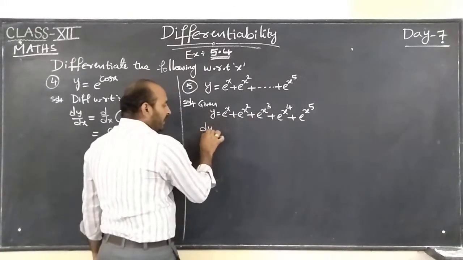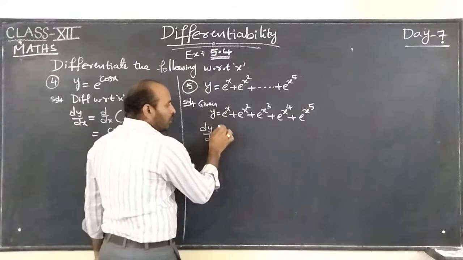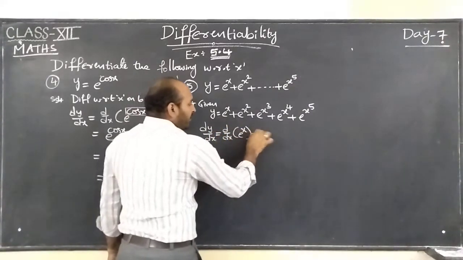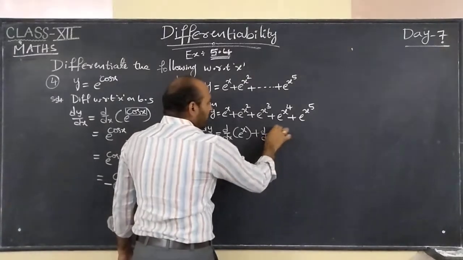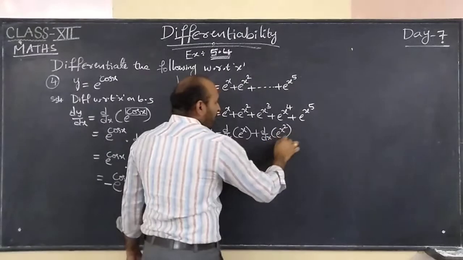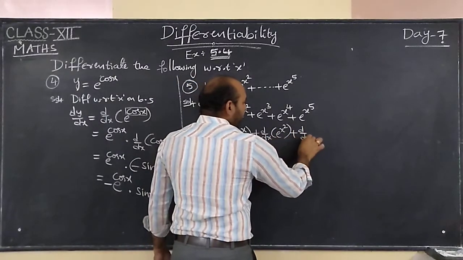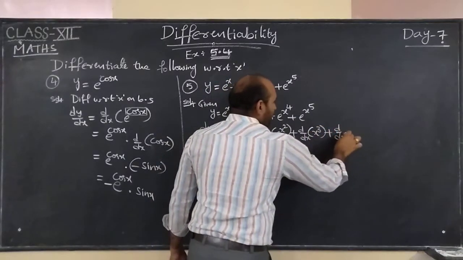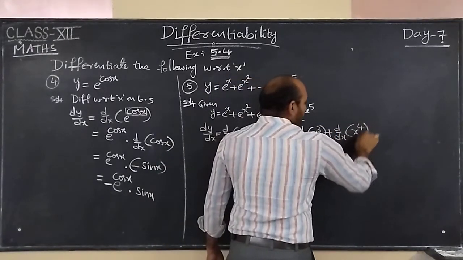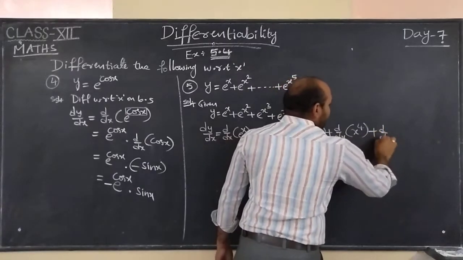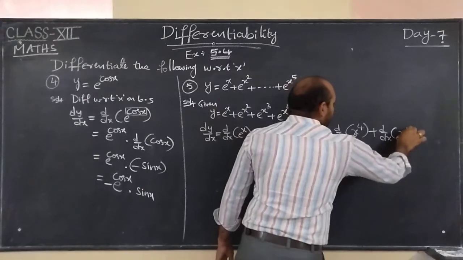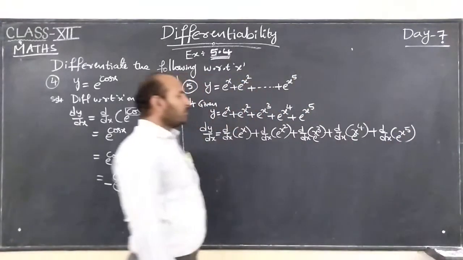That is nothing but dy by dx is equal to d by dx of, applying the derivative to every function, d by dx of e power x plus d by dx of e power x square plus d by dx of e power x cube plus d by dx of e power x power 4 plus d by dx of e power x power 5.